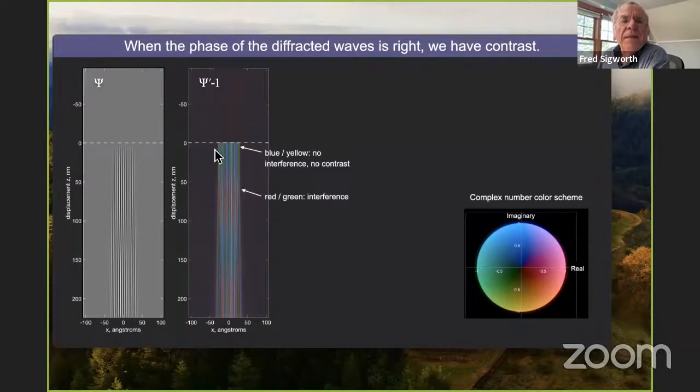Low defocus means that we are picking off the interference right here, very close to the specimen, and that means that we have no interference until we get to pretty high spatial frequencies. That's the way to think about it. Is that helpful?